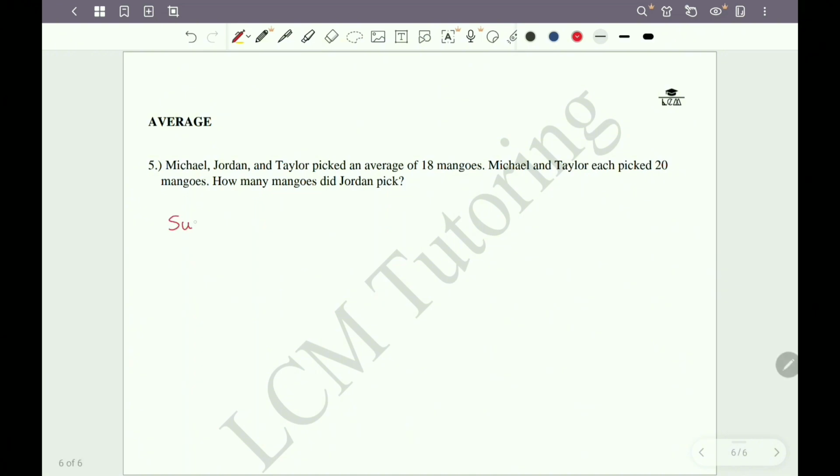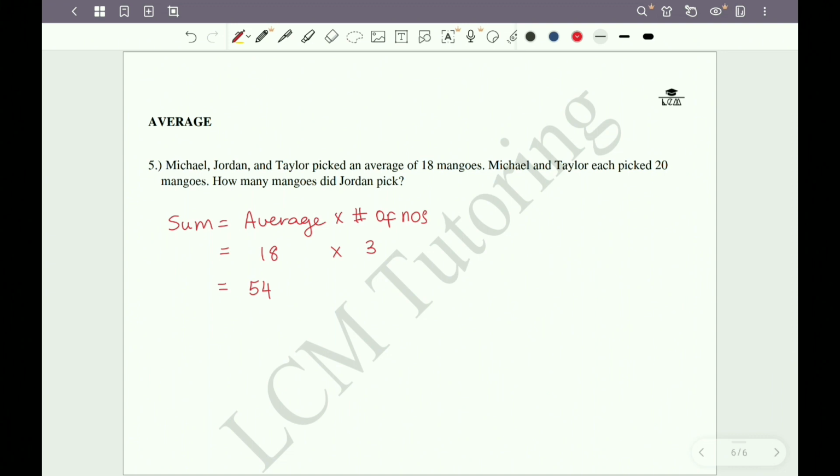So the sum is going to be, again, the average by the number of numbers, which is 18 multiplied by 3. Okay, if you need to work this out on the side, you can, but the answer here is 54. So altogether, Michael, Jordan, and Taylor have picked 54 mangoes.